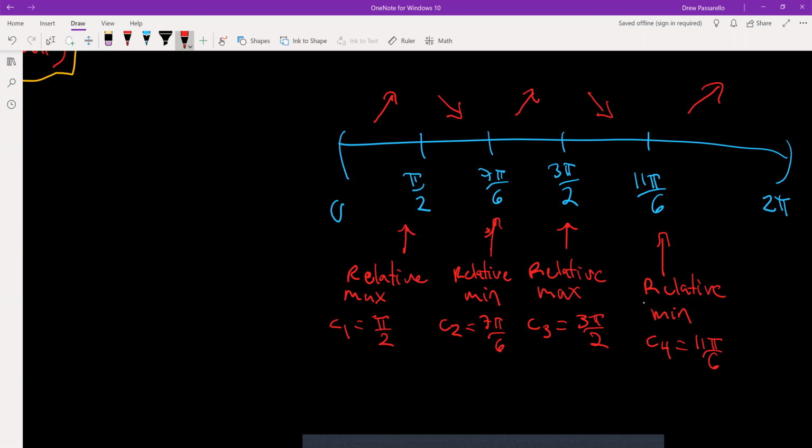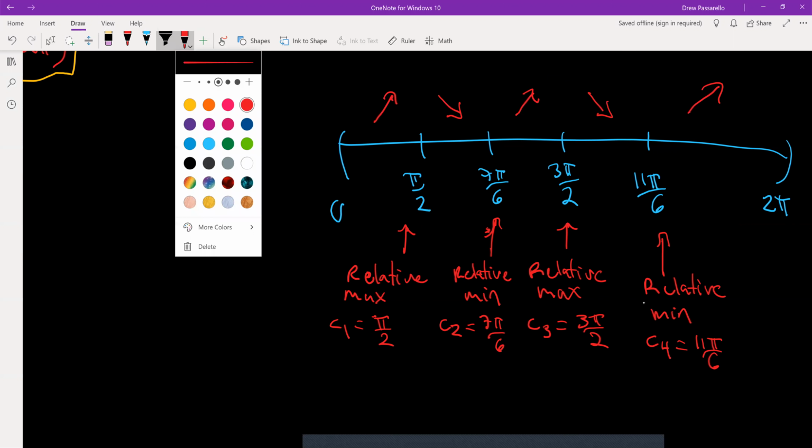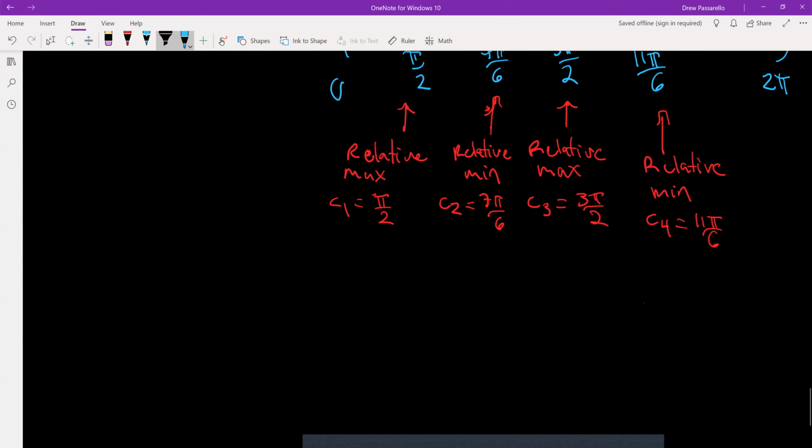Okay, we're almost done. Just finally need to check what are the y coordinates that go with each of these. So last, we need the y coordinates that go with each of these points.